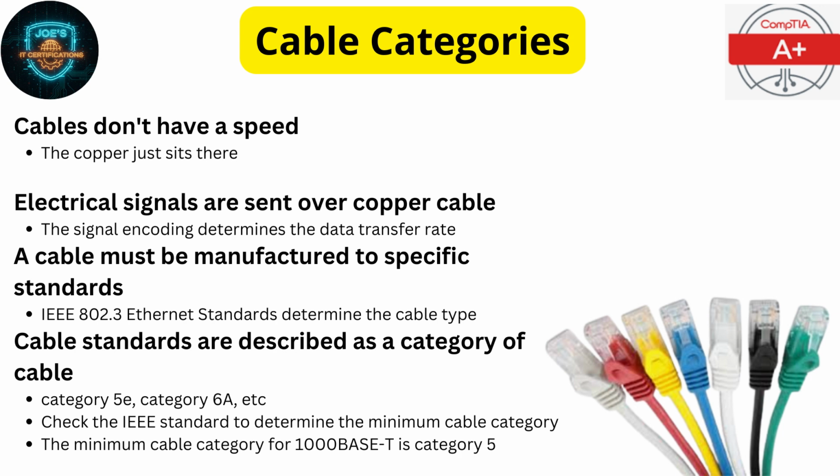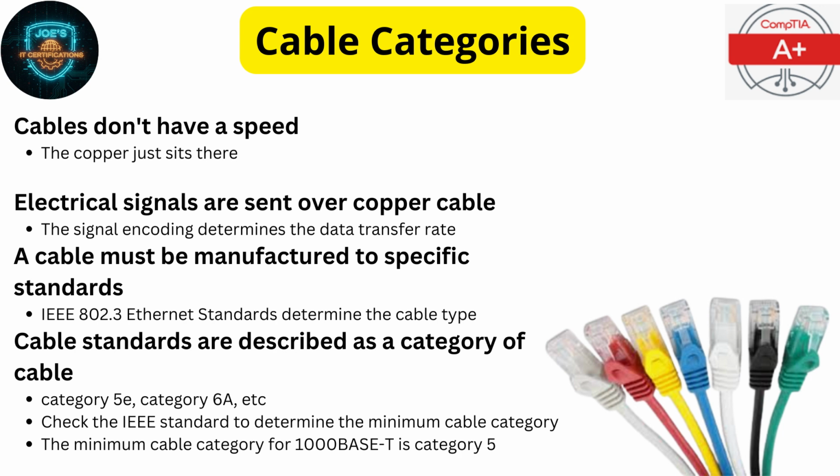To be able to send those signals across the wire, we need to be using a minimum category of cable for the type of signal that we're transmitting. The minimum category of cable that should be used for a particular Ethernet standard is documented in the IEEE 802.3 standard document. Those IEEE documents tell us the minimum category of cable that is supported for a particular IEEE Ethernet standard.